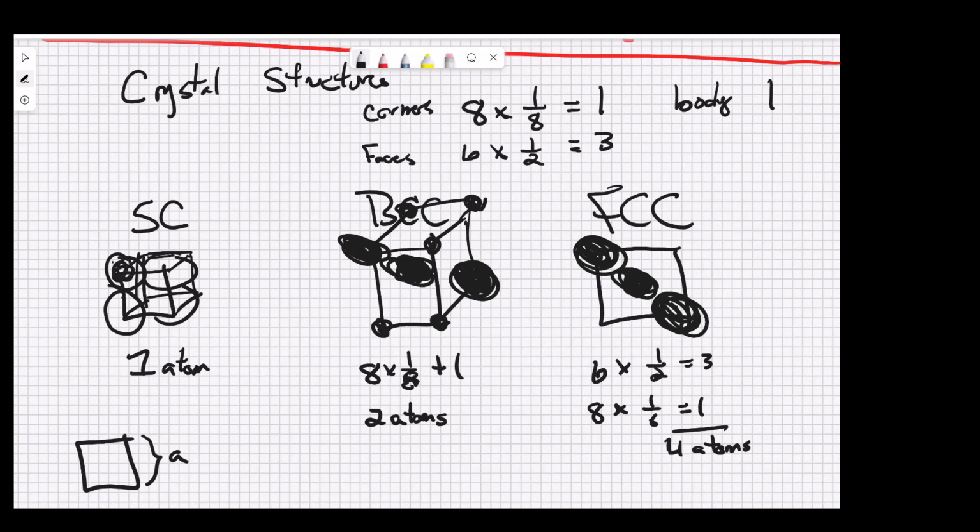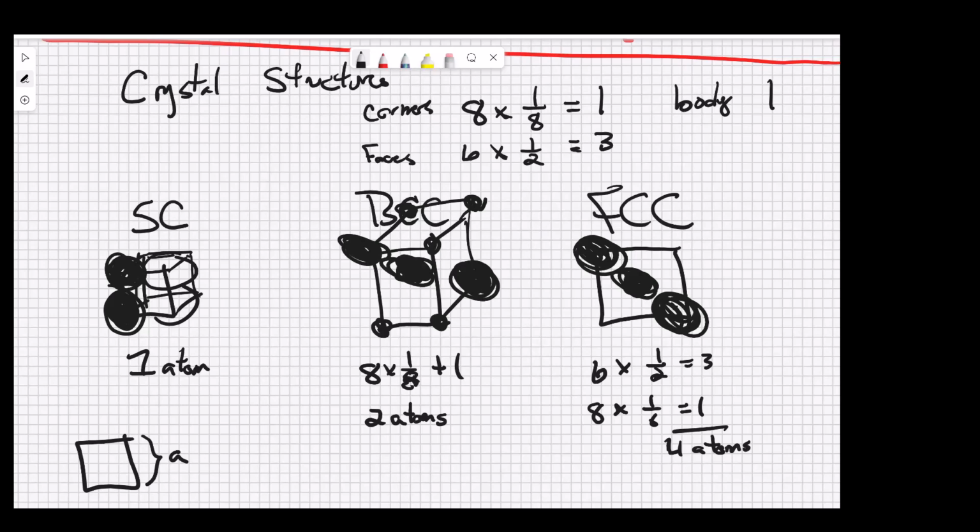In a simple cube, they touch along the edge of the cube. In a body-centered cube, they touch along the body diagonal of the cube, from the top front left to the bottom right back corner. For a face-centered cube, they touch across the face of the cube.